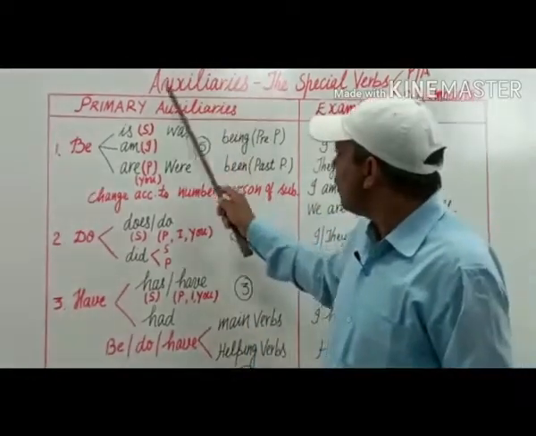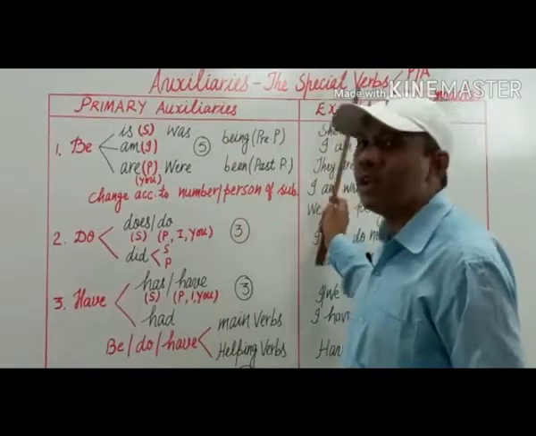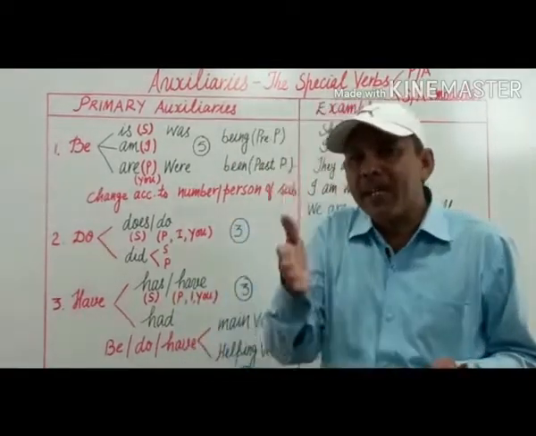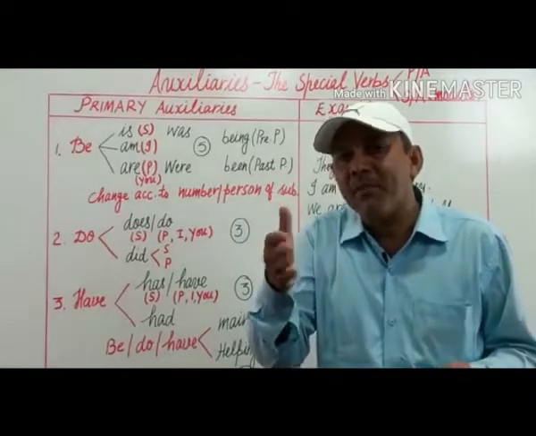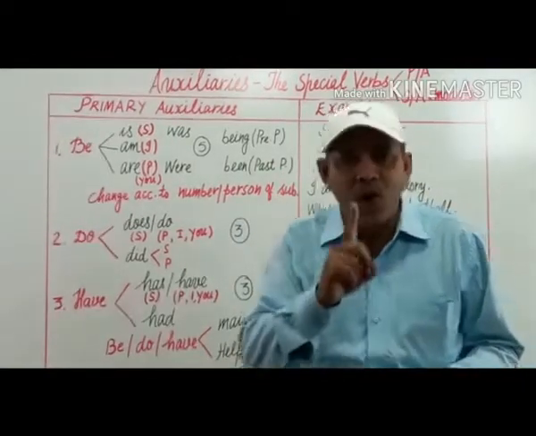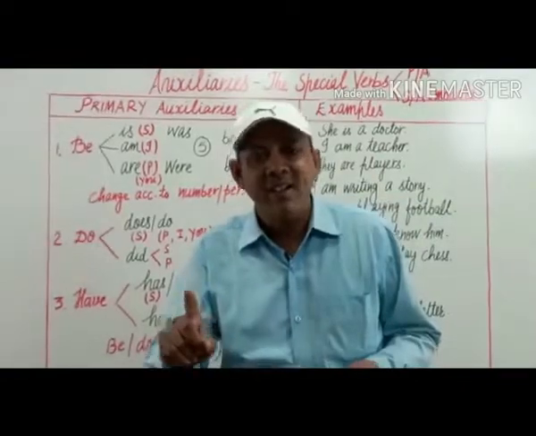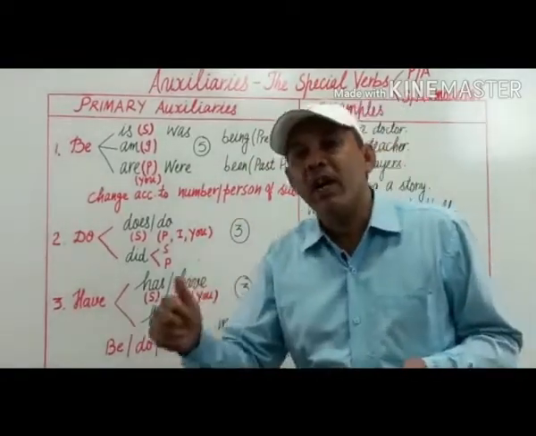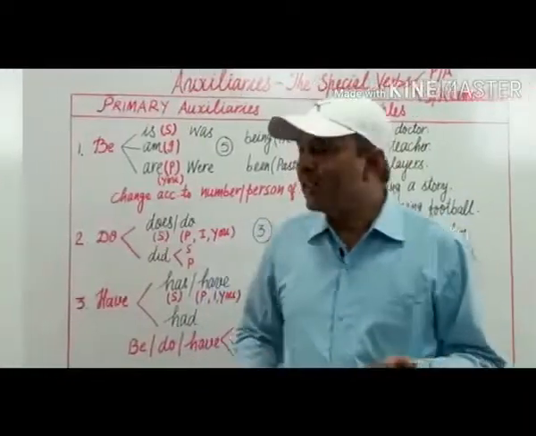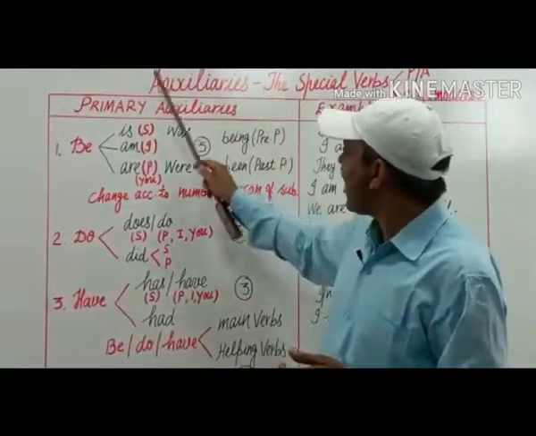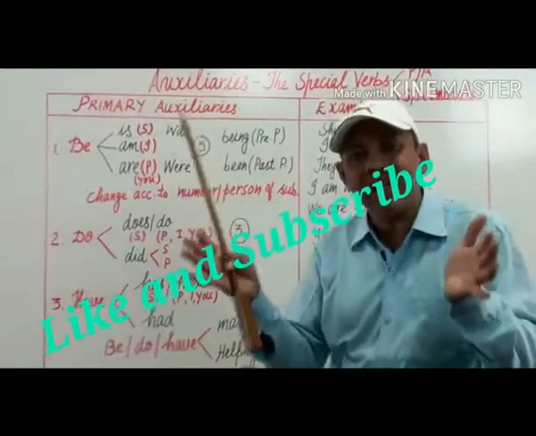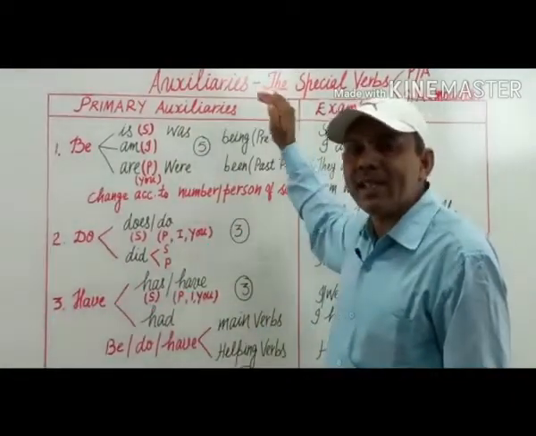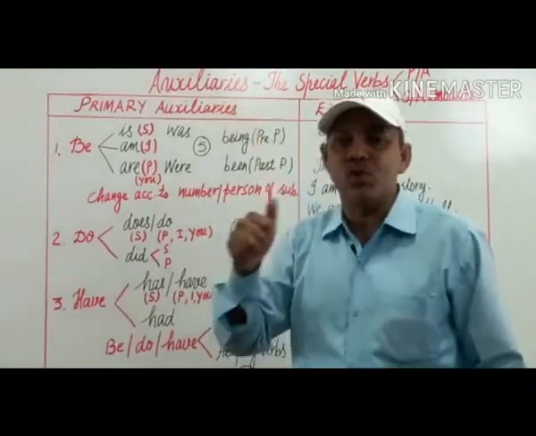They are also known as the special verbs because these verbs are placed before a main verb in a sentence to form a tense, to form a voice, or to form a mood of the speaker. In this way, auxiliaries are used in different sentences to form different tenses, voices, and moods.